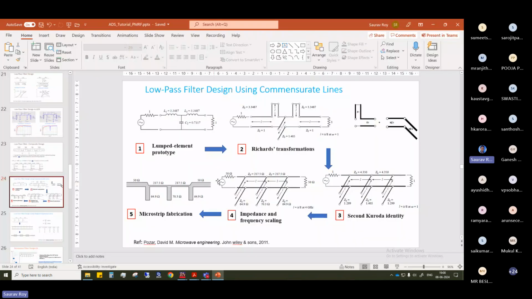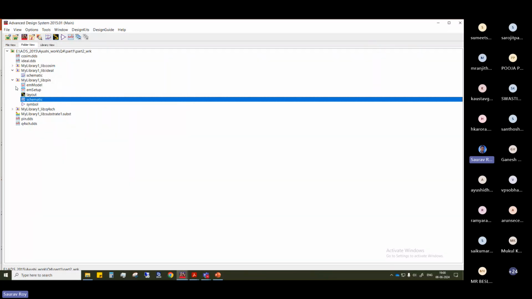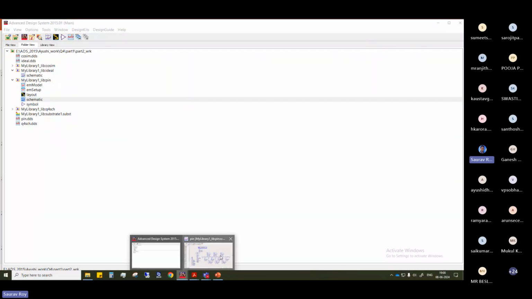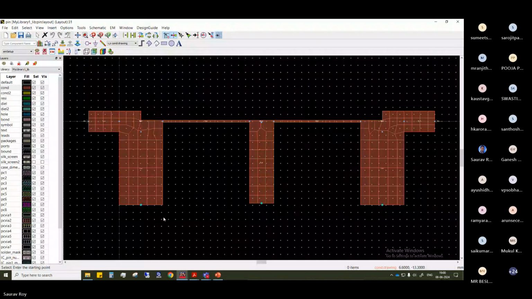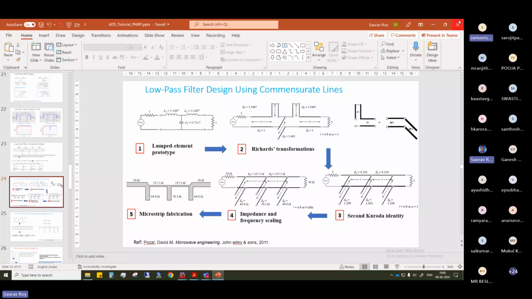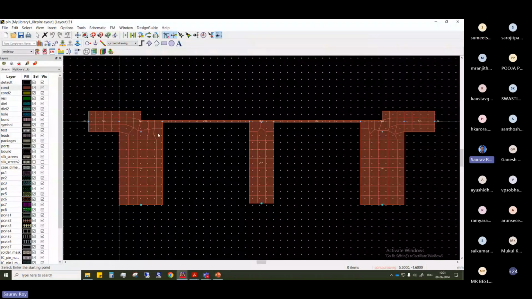Now if you see the simulation results from this, this is the schematic. The schematic I have shown you here. Now if you generate the layout, it looks like this. Okay, this is exactly what it was showing in the book also, right? See, this is how it looks. The ports you get here, and these are the open stubs. You see, this is one open stub, this is another open stub, this is another open stub.